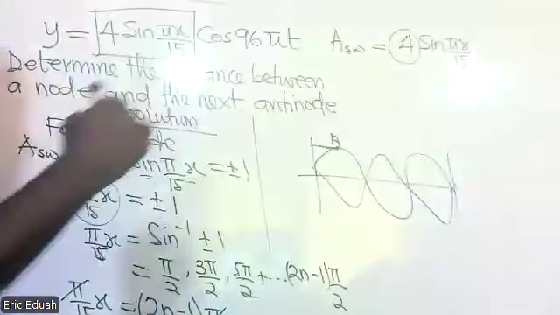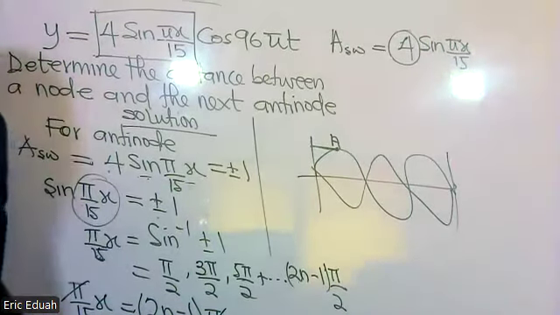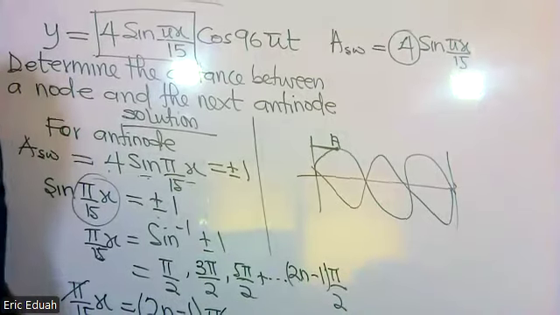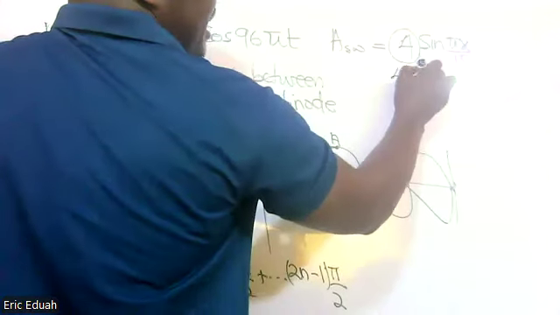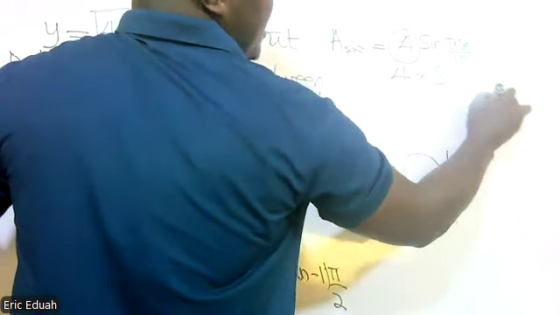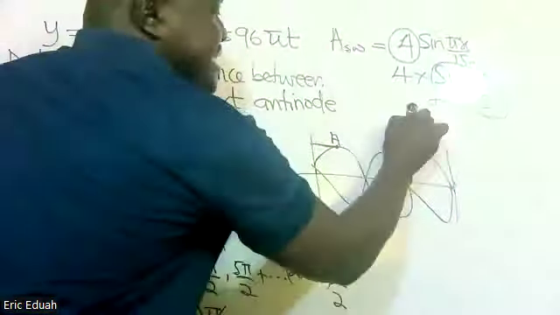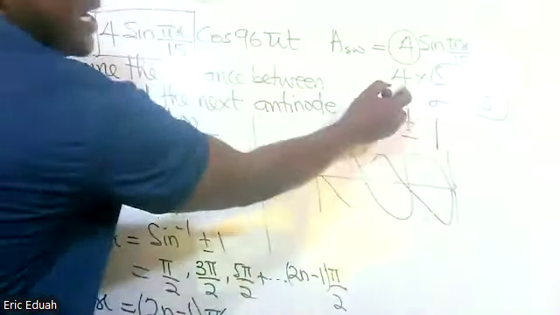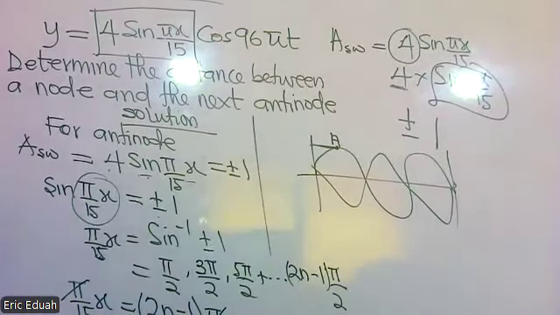The amplitude of the stationary wave will be equal to 4, but it will be equal to 4 at different angles. Meaning, this is 4 times sine pi x on 15. If this part is equal to either plus or minus 1, we'll get our value of 4, which is the amplitude.